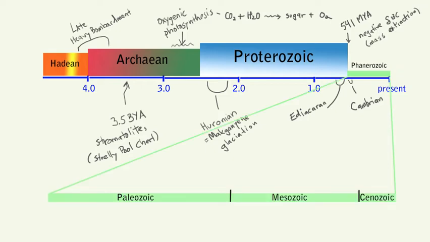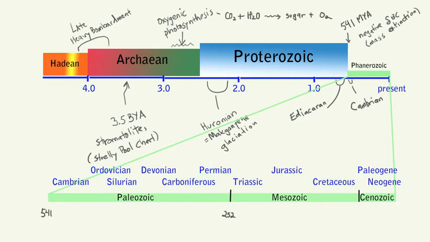The Phanerozoic eon is divided into three eras. From 541 million years ago to 252 million years ago is the Paleozoic, which is made up of six periods: the Cambrian, Ordovician, Silurian, Devonian, Carboniferous, and Permian.